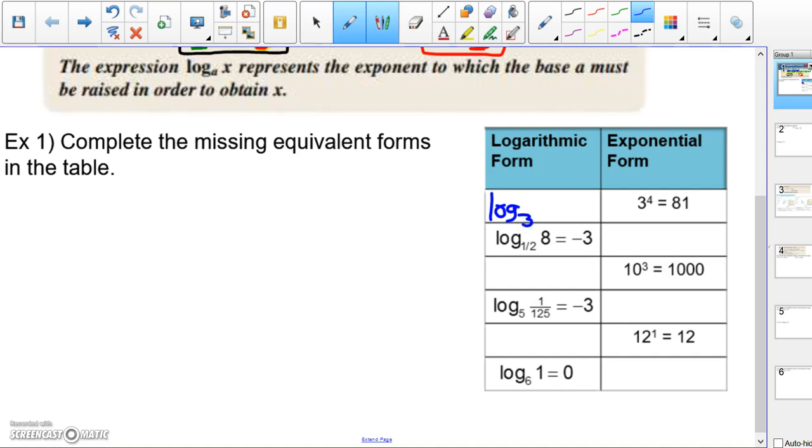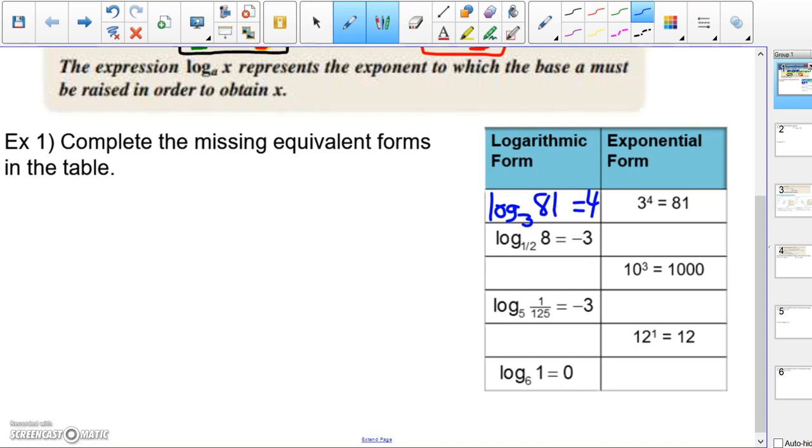It's going to be little bitty and underneath the g. And then I know the answer to a log is the exponent, and the exponent is 4, so that means the log equals 4. Log base 3 is going to equal 4. And by process of elimination, the only other spot there, that's where your 81 goes.